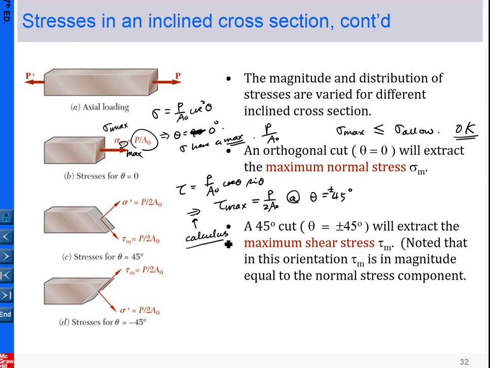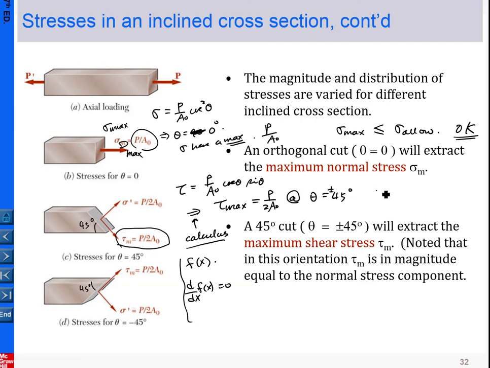We have the function, and we're going to find the maximum of the function. The same steps apply here. So the 45 degrees, positive or negative, in either of such orientations, we are going to have the maximum shear stress appear.